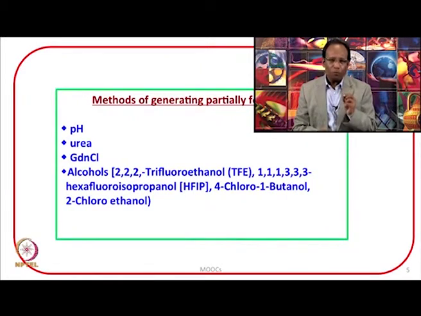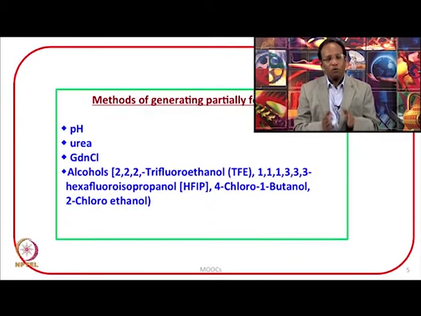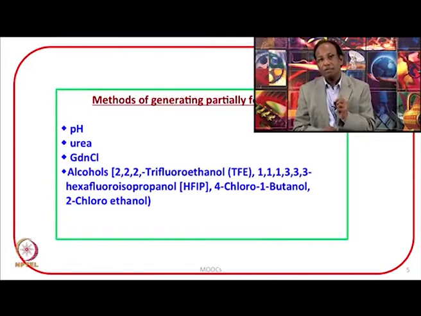This trifluoro group or hexafluoro group actually acts as a hydrophobic group, and what has been observed in literature is that at certain concentration of TFE and HFIP, the tertiary structure of a protein is lost and the secondary structure of the selected proteins remains intact. This conformation, in which the tertiary structure is poorly defined or lost, but secondary structure is intact, is termed as molten globule state.